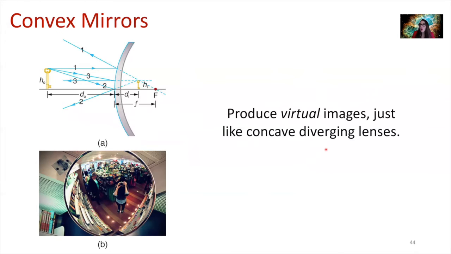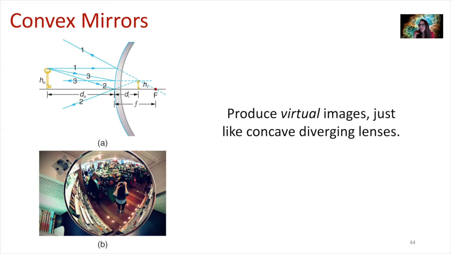Diverging mirrors always create virtual images, just like how diverging lenses always create virtual images. So again, our diverging mirror has the curved surface pointing out, and the light is striking that curved surface that's bulging outward, okay?